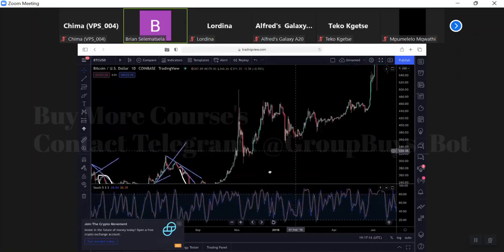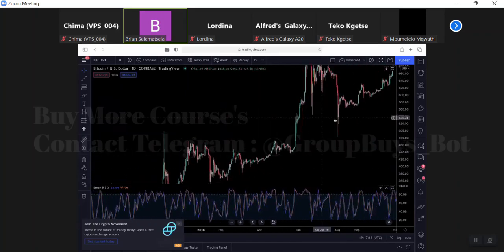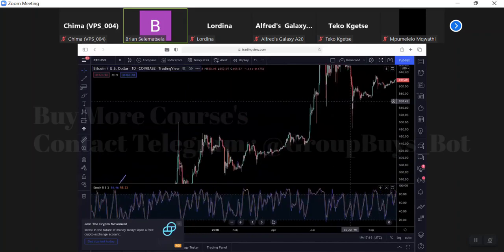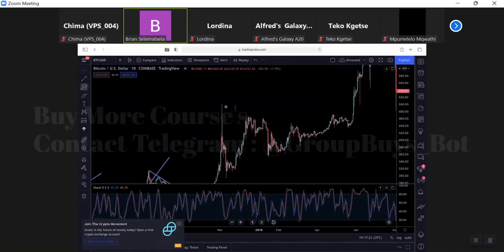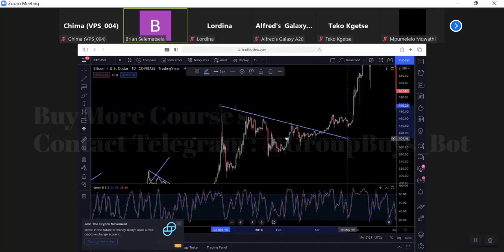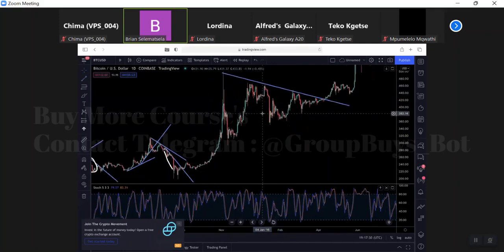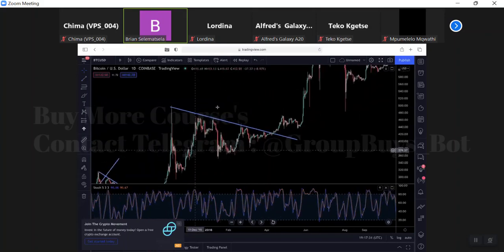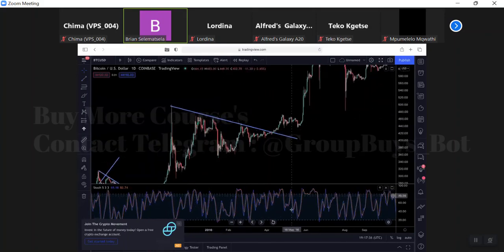So the big movement that happened, or what made the big crypto move, to me, it is very straightforward. Because if I look at this, after that, I see a divergence.